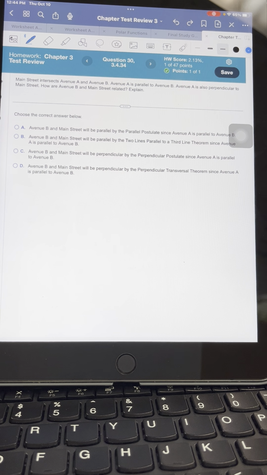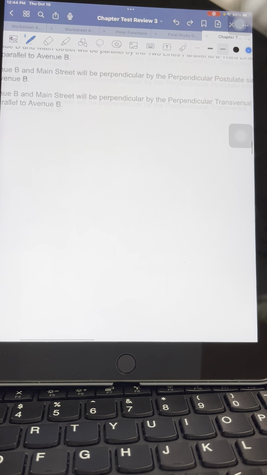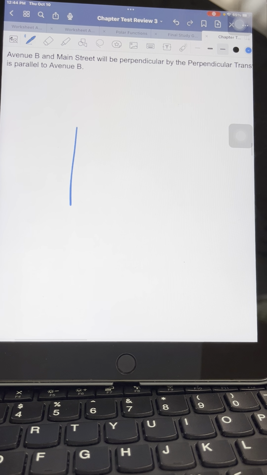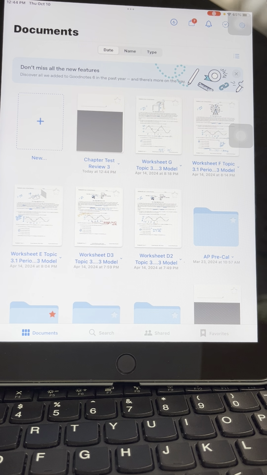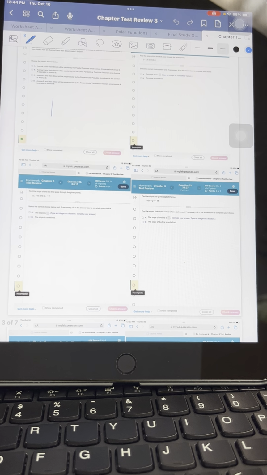Main Street, question 30. Main Street intersects Avenue A and B. Avenue A is parallel to Avenue B, okay?